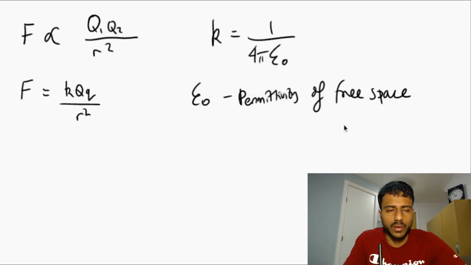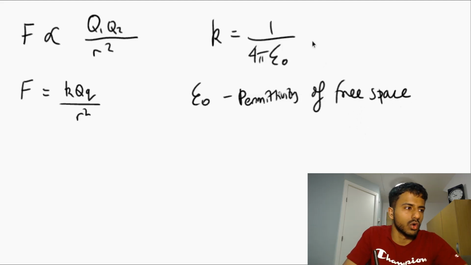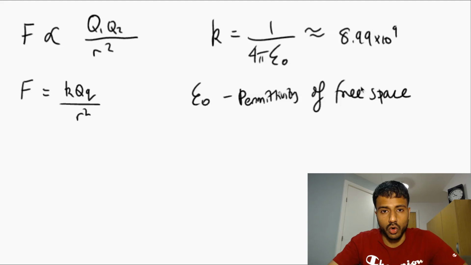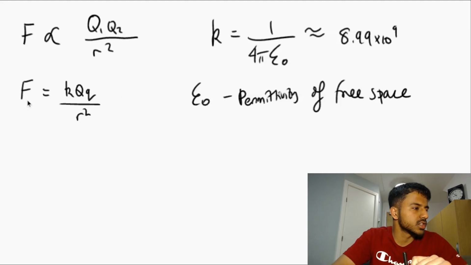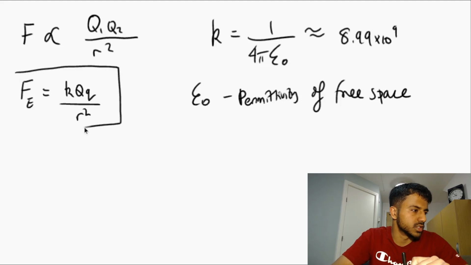The value of k, which is equal to 1 over 4 pi epsilon naught, is roughly 8.99 times 10 to the 9. The value for epsilon naught, the permittivity of free space, is given in your data booklets. So this here is your electric force equation.